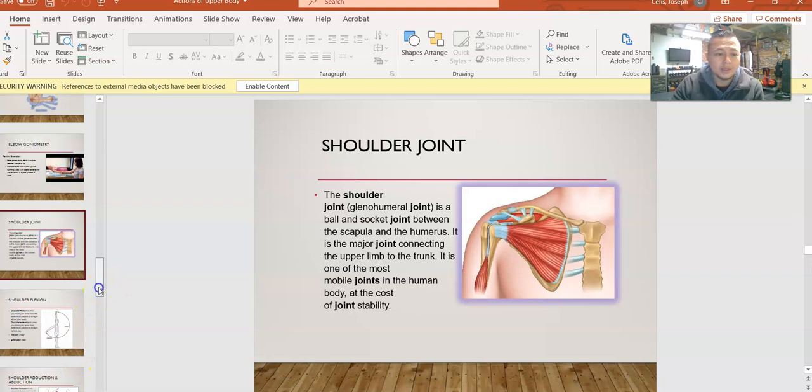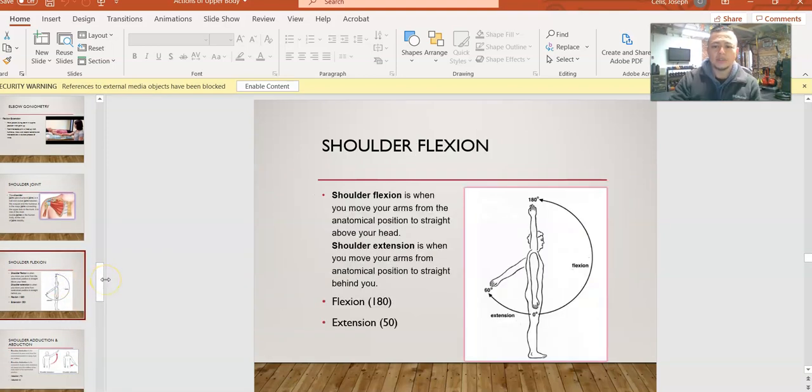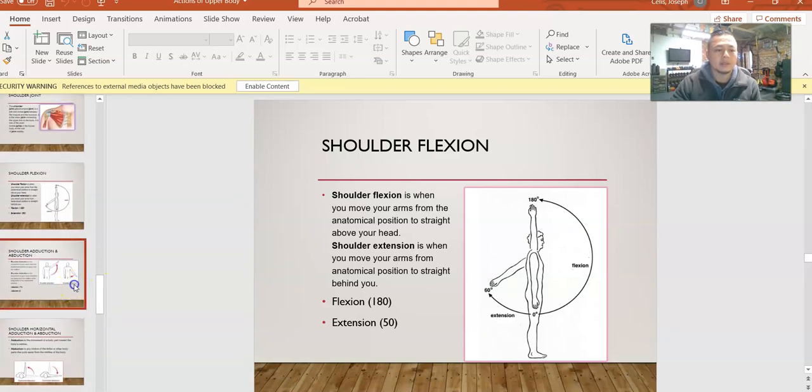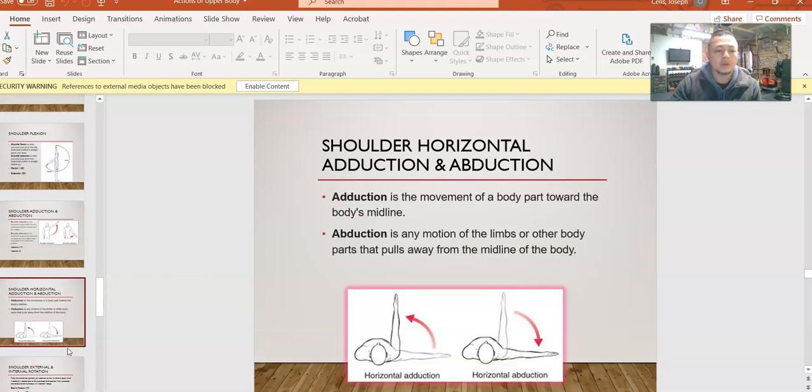All right, guys, we're going to shoulder flexion. Shoulder flexion, arm comes up. Shoulder extension, arm moves back. 30 degrees of motion there. Shoulder adduction and abduction. Abduction is your arm away from the midline of your body, and shoulder adduction is bringing your arm back. Shoulder horizontal adduction and abduction.